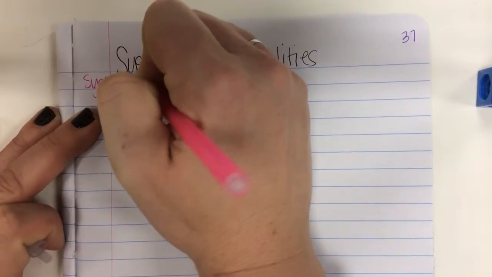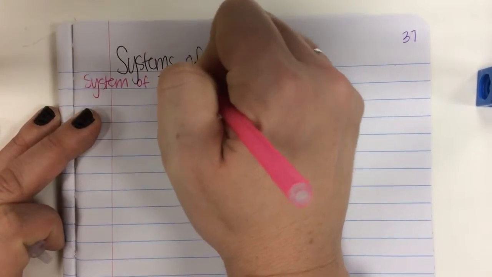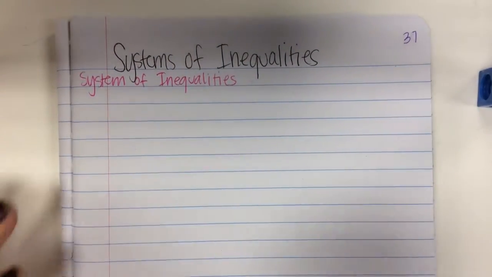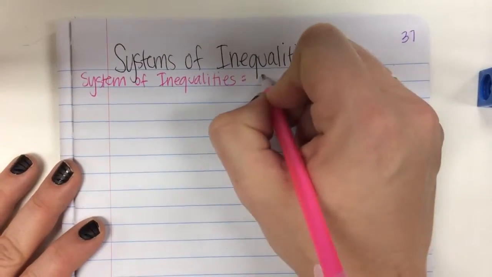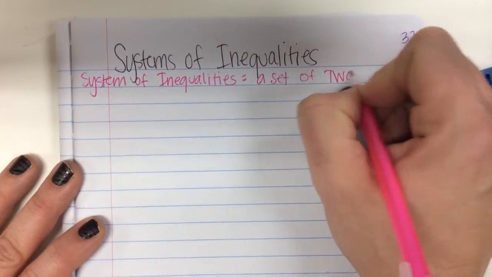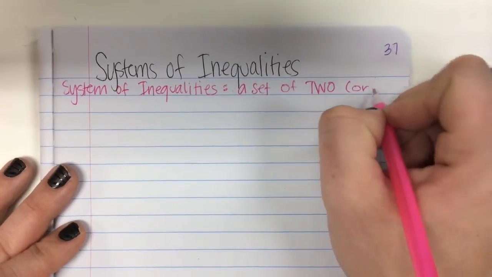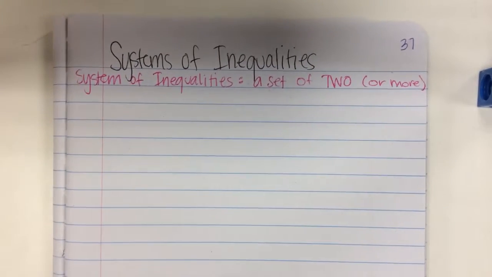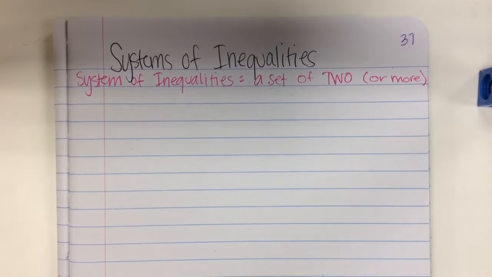A system of inequalities is a set of 2 or more. We will stick to 2, but yes, there can be 3, there can be 4. You can get all kinds of crazy.